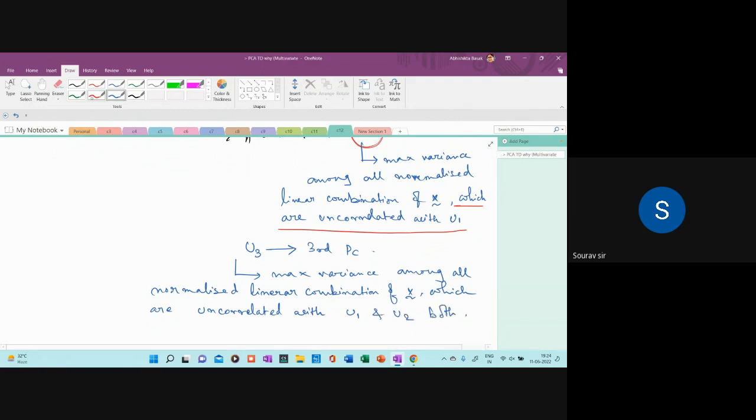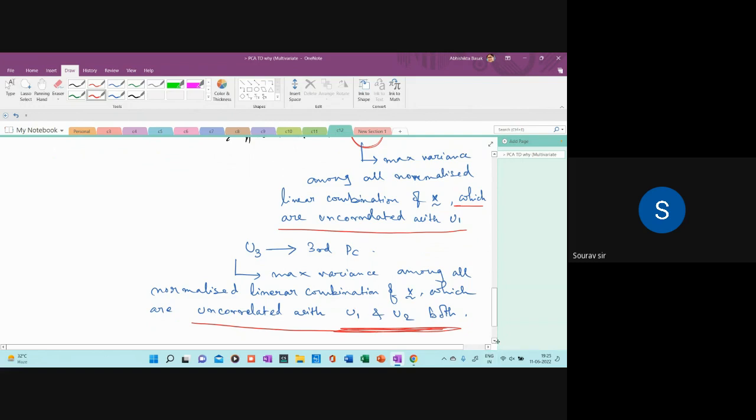That is the main thing. If u3 is correlated with u1 but uncorrelated with u2, still we can't choose u3, because it is correlated with at least one of the previous components.